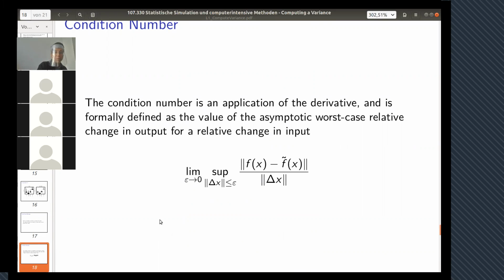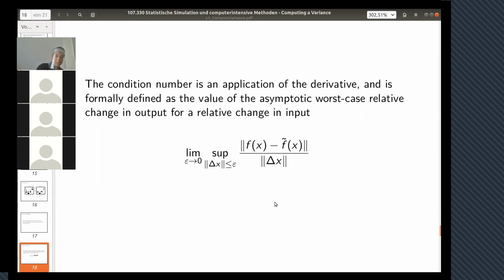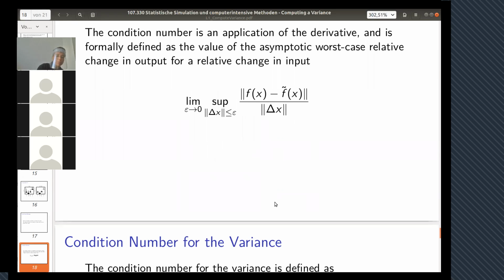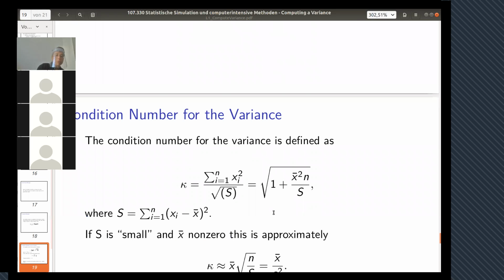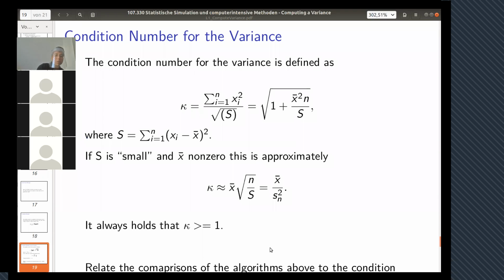Condition number is mathematically defined as something similar to the derivative, to the difference quotient in changing a little bit of the input and changing a little bit of the implementation. So for the variance, the condition number is defined in such a way.